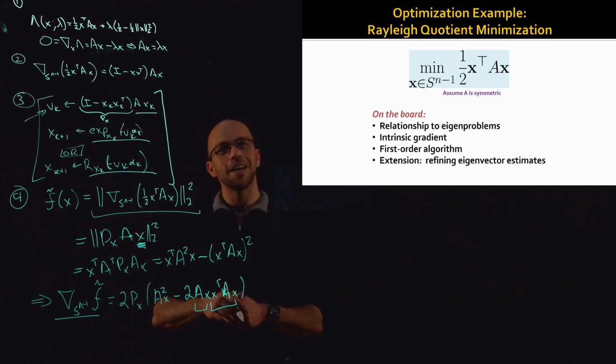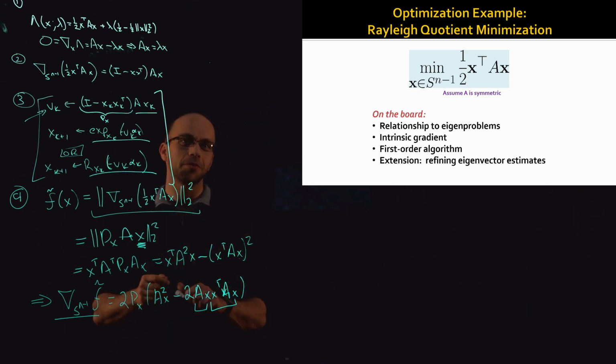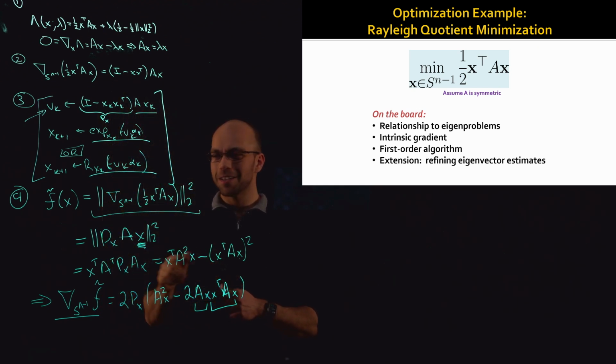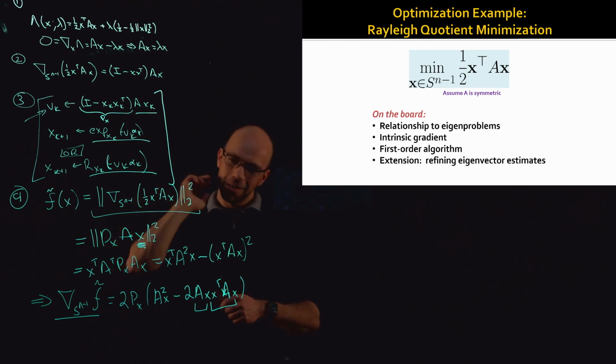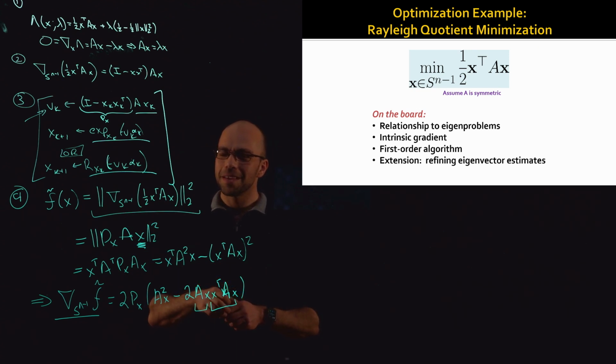And now for a fun extension of this technique, not only can we use it to compute the minimum eigenvalue of a matrix A, that's this first setup here. But now we define this new objective function, which amusingly is actually the norm of the intrinsic gradient of our previous problem. And why is that?